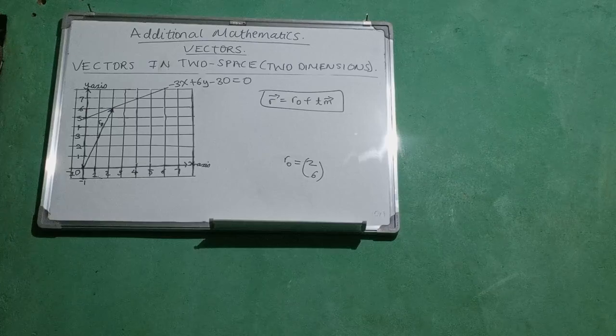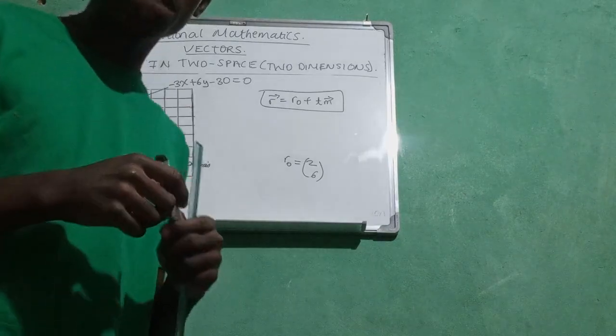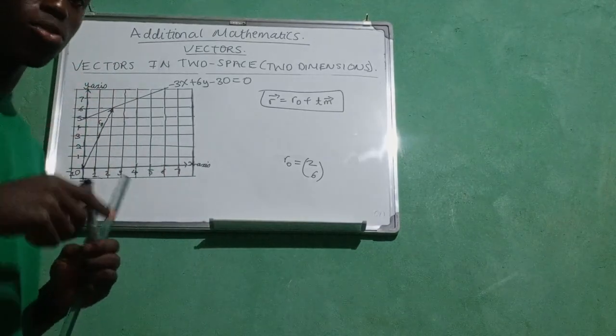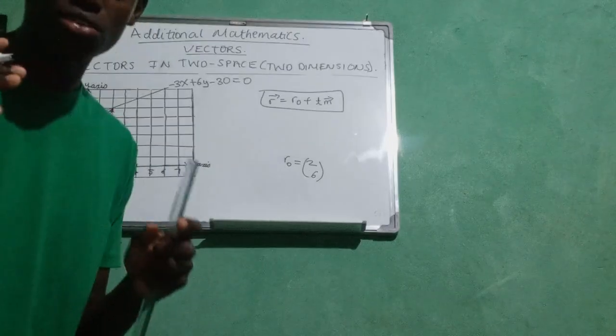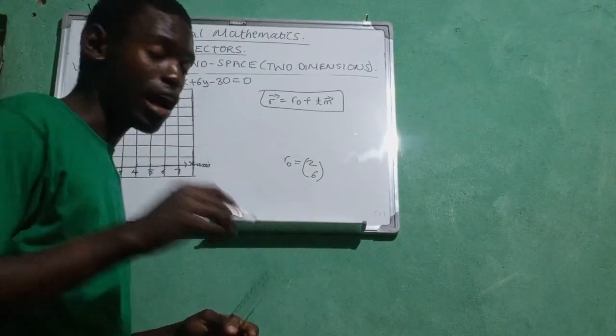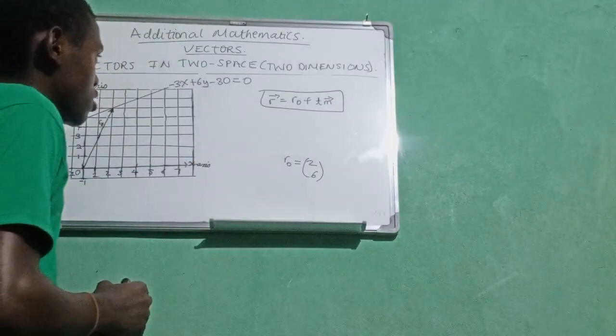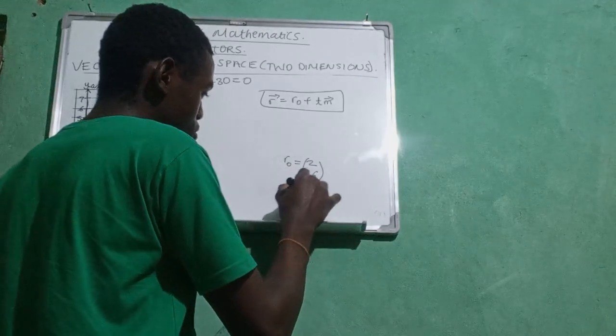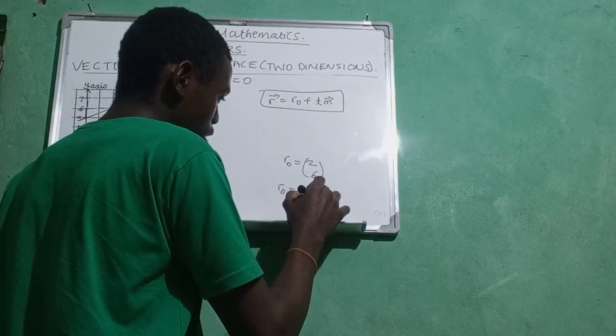Then when we move by a certain direction vector, think of another position vector, another r naught, which has its tip along the vector equation. So another r naught can be 4, 7.